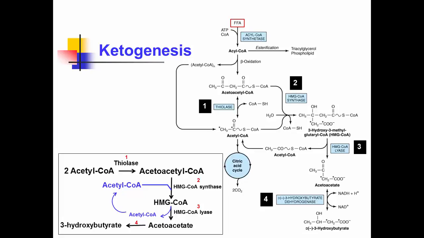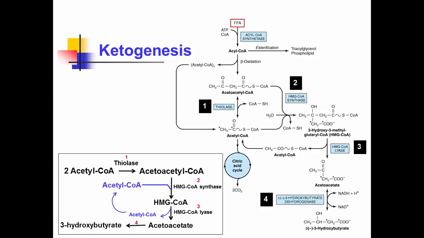Once the HMG-CoA is formed, the next step is cleavage. This HMG-CoA can be broken down again into acetoacetate, which is a ketone body, and acetyl-CoA again. So acetyl-CoA can be recycled for the next cycles of HMG-CoA formation.